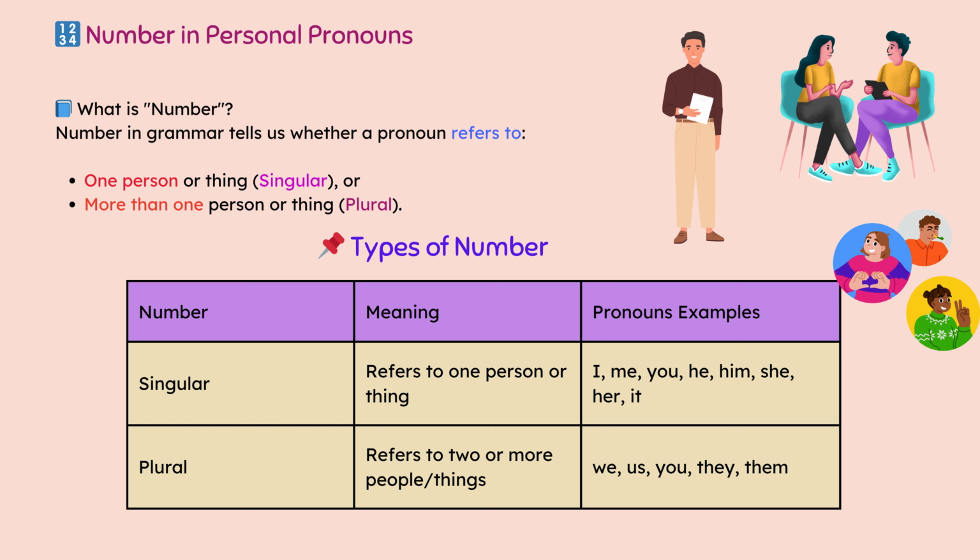Here, she refers to one person. Plural. This means the pronoun refers to two or more people or things. Examples include we, us, you, they, them. For example, they are playing outside. They means more than one person, so always check if your pronoun matches the number of people or things you're talking about.